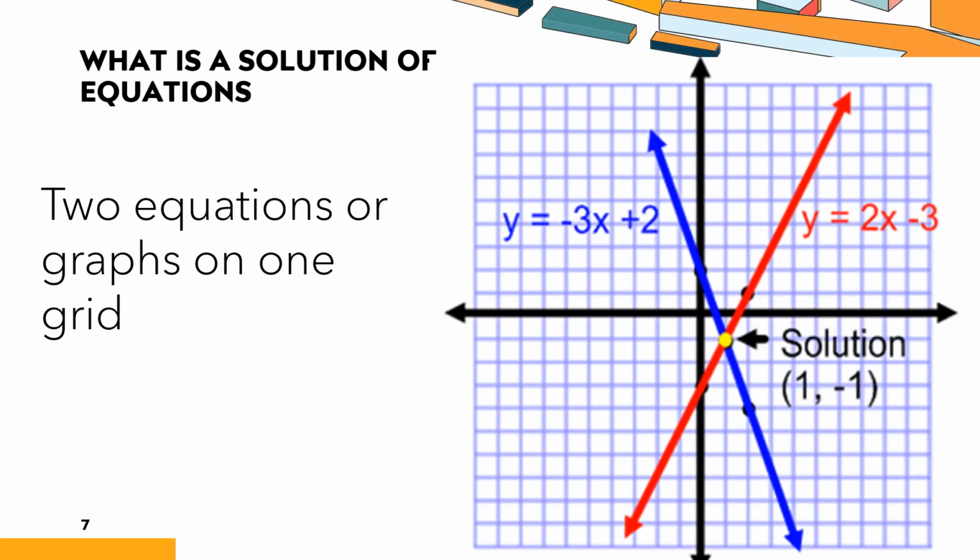So what is a solution of a system of equations? Well, we have here two equations graphed on one grid where they intersect. In this case, 1, -1, that's the solution.